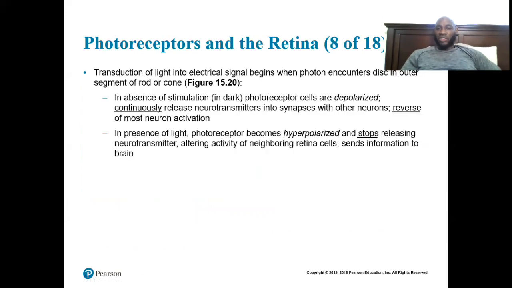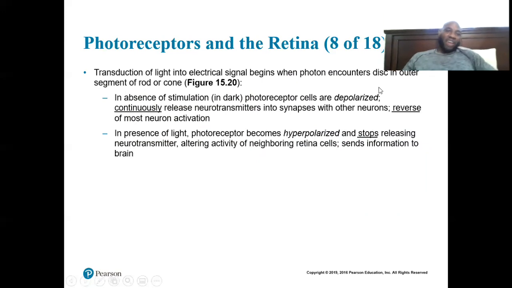Transduction of light into electrical signal begins when the photon encounters a disk in the outer segment of the rod or cone. In the absence of stimulation, in the dark, so when you can't see anything, eyes are closed or lights are off, photoreceptor cells are depolarized. They continuously release neurotransmitter into synapses with other neurons, the reverse of most neuron activation.